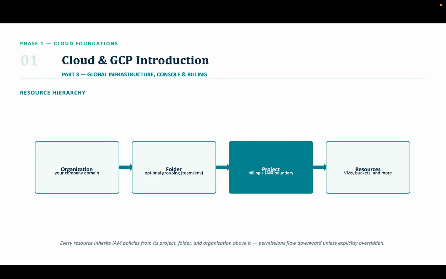These are the three BUs. Or let's say you have workloads that are dev, QA, UAT, and prod. So you'll have folders like dev, QA, UAT, and prod, and in that you can deploy multiple projects.